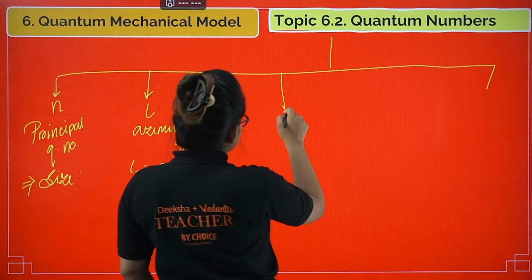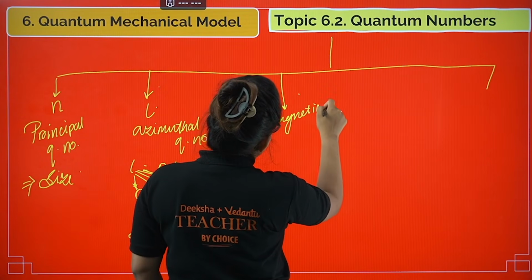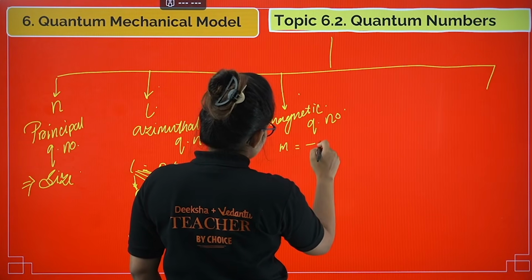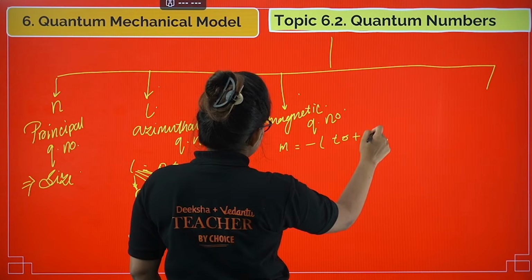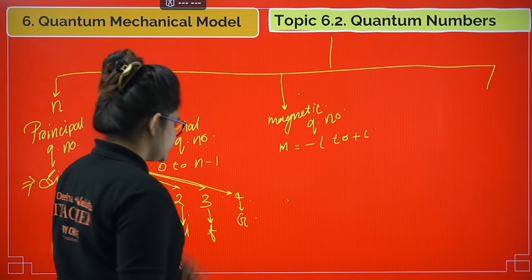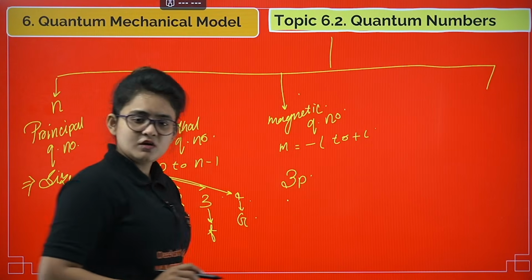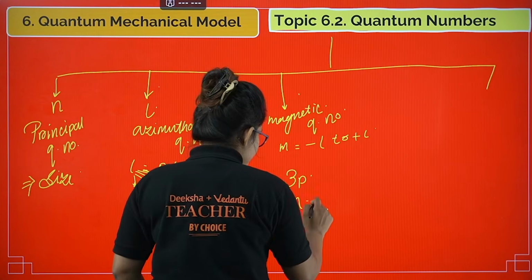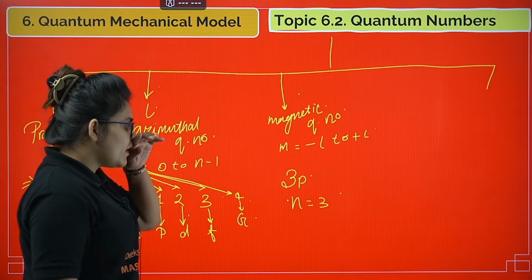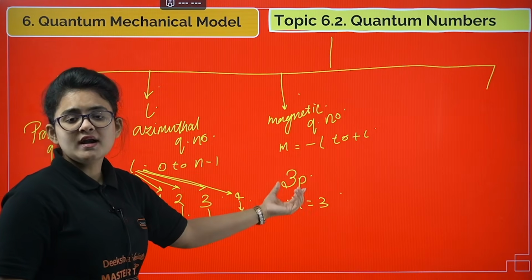Next, we can go ahead with the magnetic quantum number. The magnetic quantum number ranges from minus l to plus l. Let me give you one example. Say I have a 3p system. 3p means the n value is 3. For n equal to 3, I can have l as 0, 1 and 2.